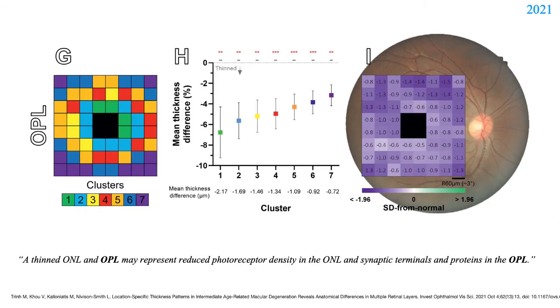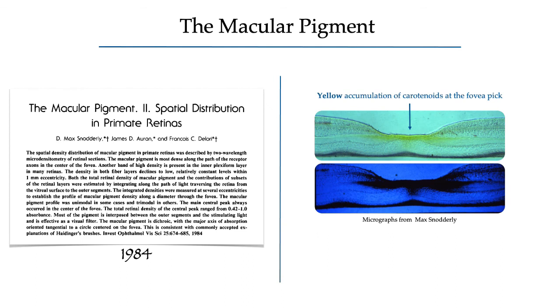In fact, they found a thinned outer nuclear layer and outer plexiform layer, and they try to explain it in intermediate AMD compared to healthy eyes as a reduced photoreceptor density at the level of the outer nuclear layer and thus synaptic terminal and proteins in the outer plexiform layer.